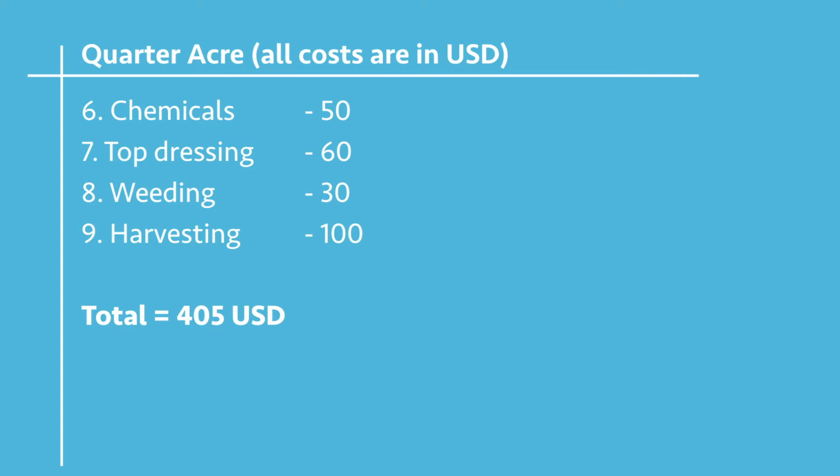Then we have harvesting. Remember, harvesting is done for around 5 to 6 months, but we give it 5 months, and this will require $100. Telling that the total input comes to $405 on everything that I have mentioned.